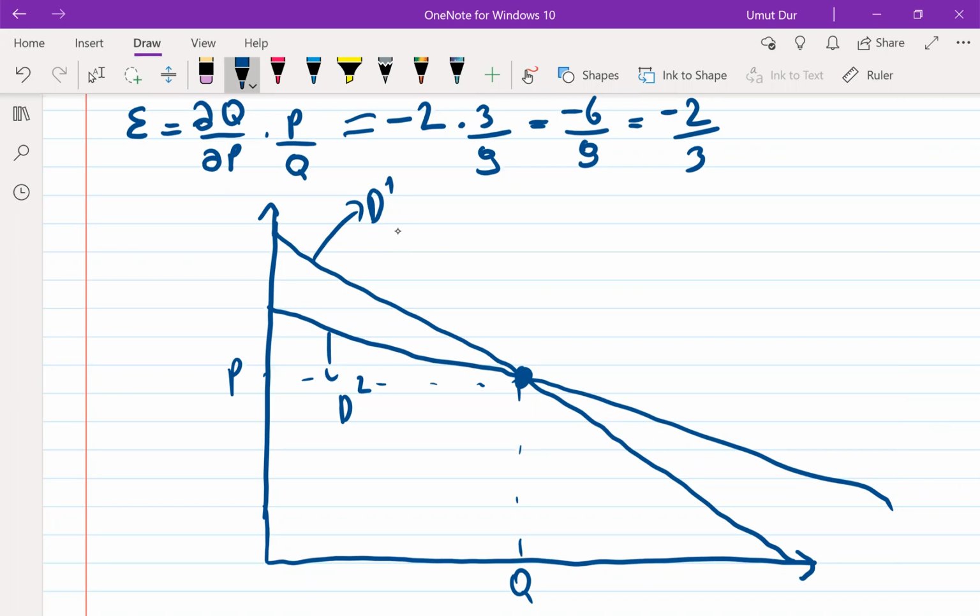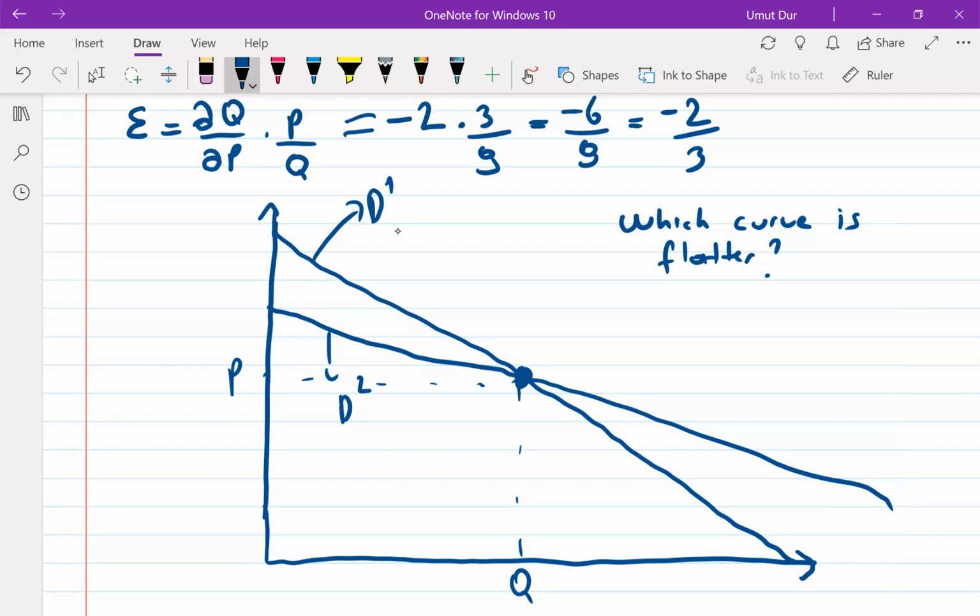Which curve is flatter? This is a very silly question, but just to make sure that you understand everything. D2 is flatter, right? So why is it important here?